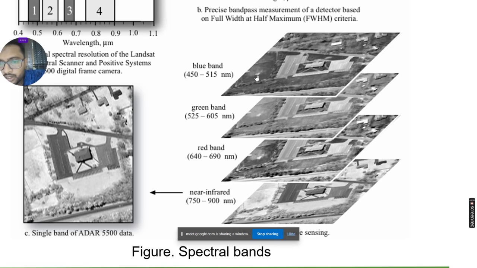If you compare all these 4 images, this is the response from the blue band, this is the response from the green band, this is from the red band, and this is from the near infrared band. So if you see the response from each and every band, what is the change that you are seeing as you are going towards the near infrared band?